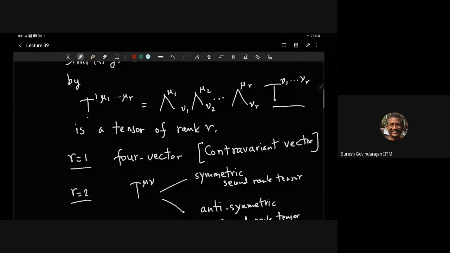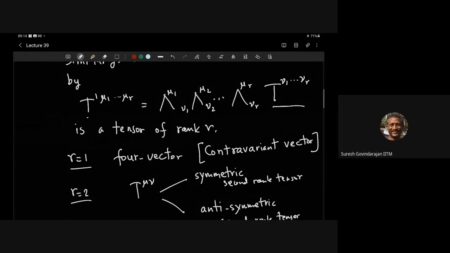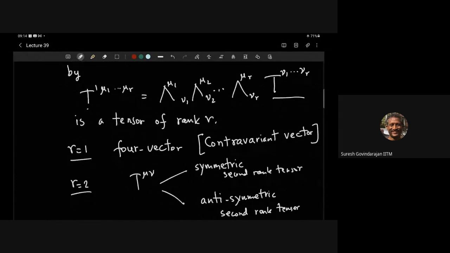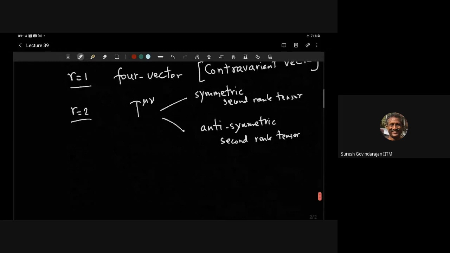That means if T nu1 ... nu r is 0, then it will be 0 in all other frames. So you can convert the statement of symmetric or antisymmetric into such statements about a tensor vanishing in some frame. It will vanish always. So the property of being symmetric or antisymmetric is invariant under Lorentz transformations.